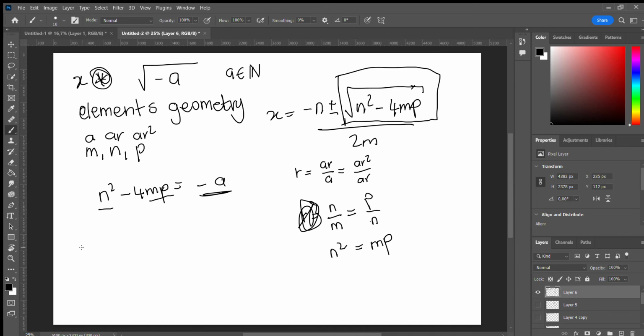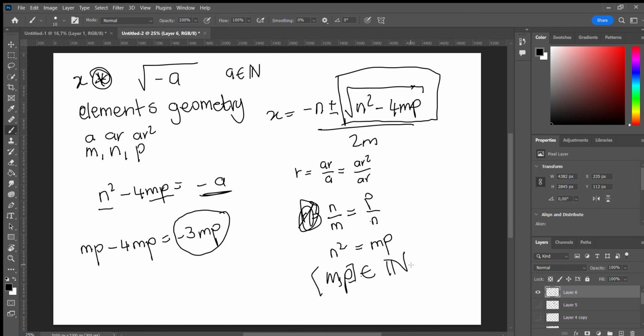So we're going to have mp minus 4mp, which is minus 3mp. Since m and p are elements of the natural numbers, positive integers, there is no way we could multiply them and get a positive result here.